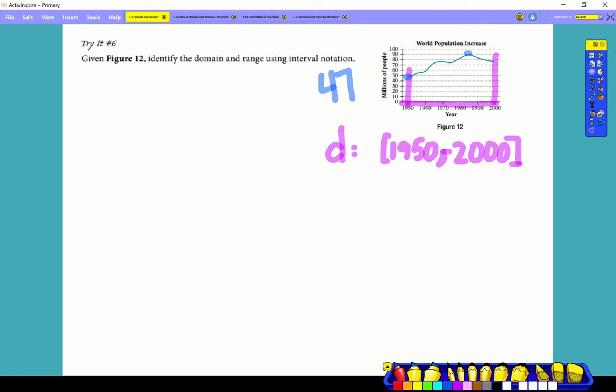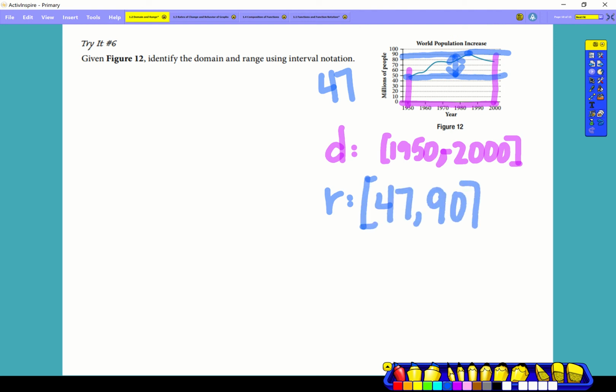And this one looks like the highest, which is about 90. So this is our range, these areas in between here. So it includes 47, and it goes all the way to 90. So that's our domain and range from the graph.